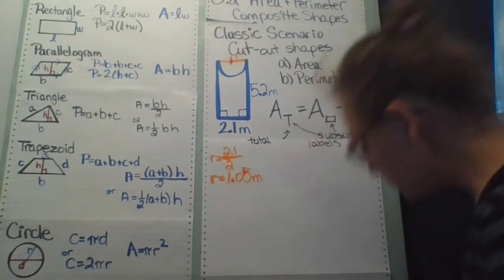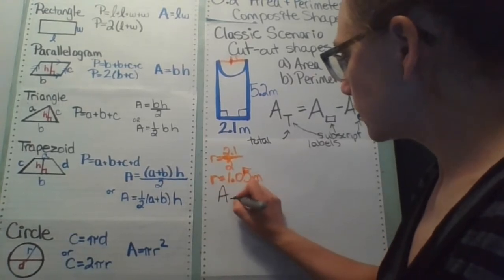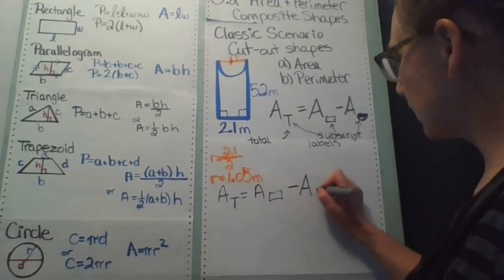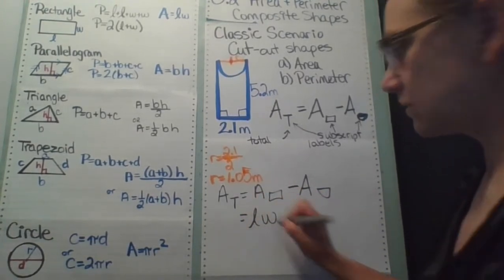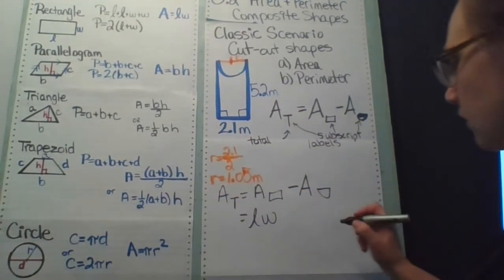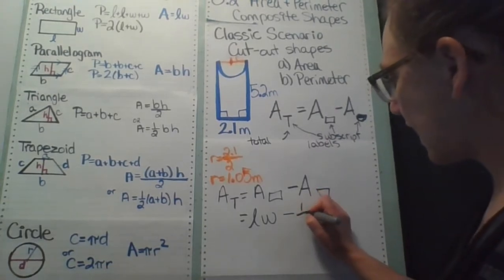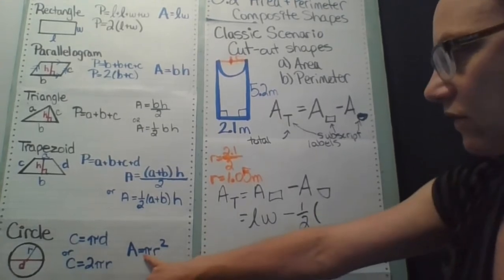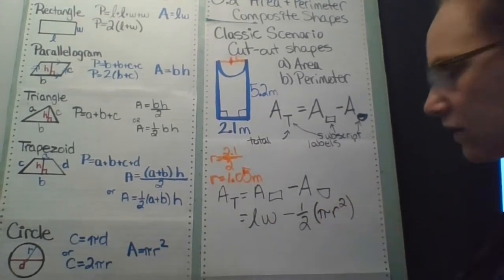Okay, let's do it. Here we go. Area total equals area rectangle minus area semicircle. Area of my rectangle is length times width. You can use capital letters if you want. I'm going to stick to the EQAO versions. Minus, since I'm only doing half a circle, I'm going to have to stick a half in front, times, what's the area of a circle? Pi r squared.